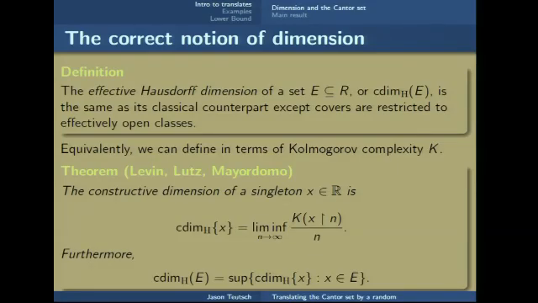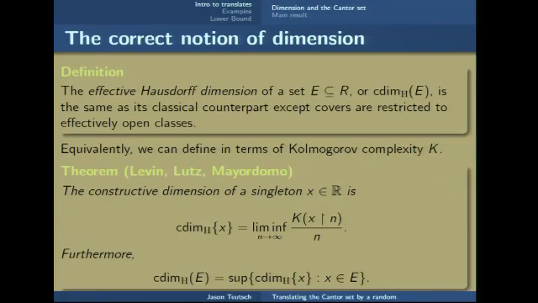The constructive Hausdorff dimension, I call it effective, of a singleton point is the lim inf of the Kolmogorov complexity of the first n bits of that real, written in, let's say, ternary base, divided by n.